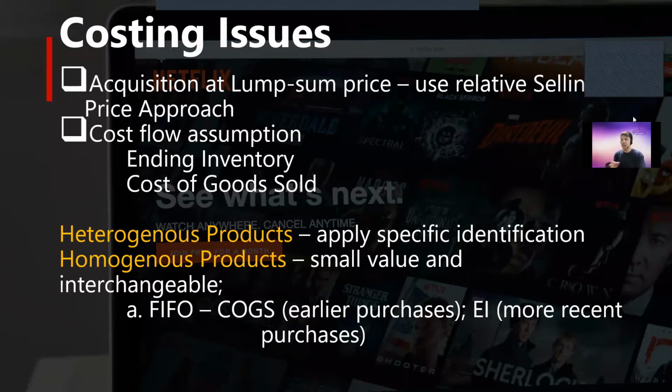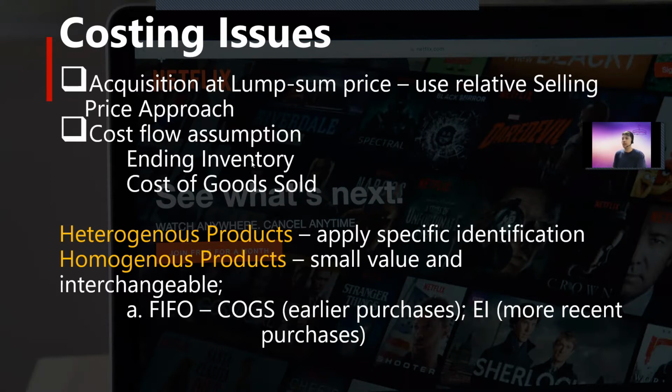So for example, inventory A, B, C, and D. Instead of itemizing each of these inventory items, your supplier just put in a lump sum price. In this case, we'll use the relative selling price approach. Later on, I prepared a sample discussion problem to tackle this RSP, or the relative selling price approach.